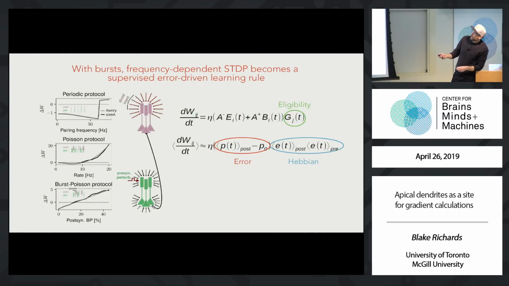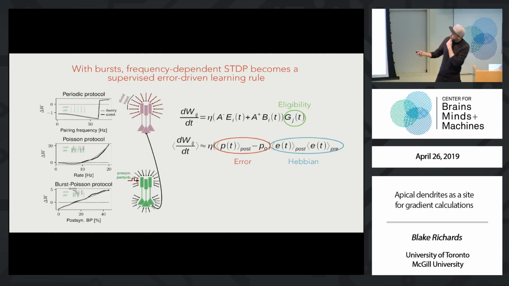We see similar things with a Poisson protocol or a burst Poisson protocol, where we intentionally induce bursts sometimes. In either case, at low frequencies you get depression, and at high frequencies you get potentiation. This is the kind of thing that experimentalists have known about for a long time. So this is all just to say that this matches a lot of what we know about synaptic plasticity from the experimental literature.